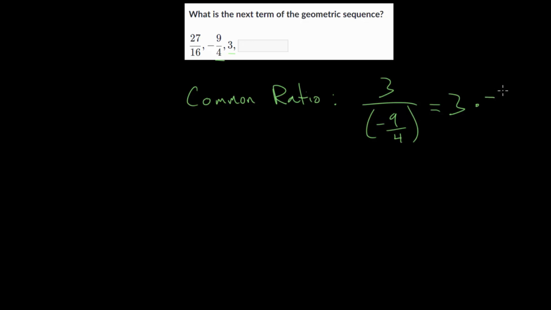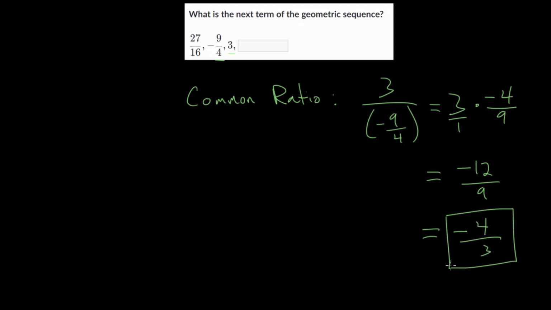So this will be 3 times -4 over 9. And putting that over 1, carrying the multiplication out, we get -12 up top, 9 down below. And each of these are divisible by 3, so we can divide them, and we get minus 4 up top and 3 down below. So minus 4/3 is our common ratio.